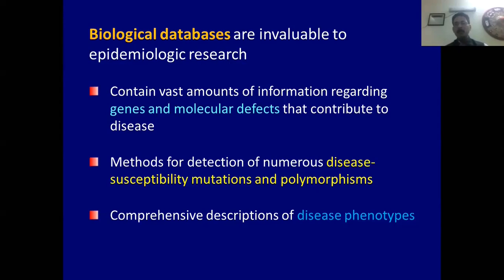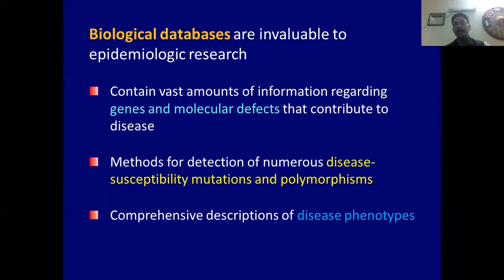And they also highlight not only the normal molecules or biomolecules and their structure, but also the defects in the molecular apparatus in biological systems that normally lead to certain diseases. As we know, mutations or polymorphisms may be related to disease susceptibility and also the occurrence of pathological abnormalities in animals as well as human beings.